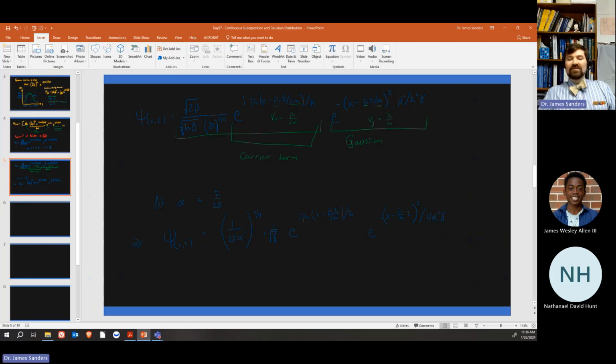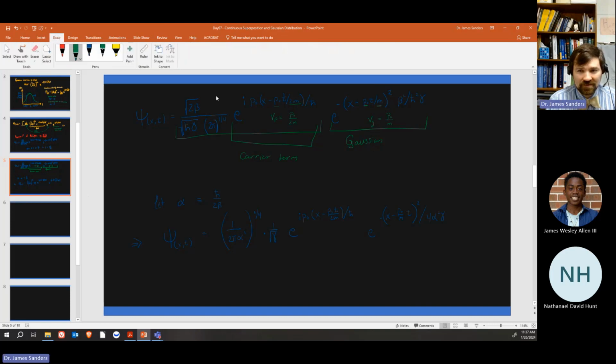This just kind of simplifies our equation slightly. So we've got our carrier wave or our carrier term. We've got our Gaussian. The Gaussian, for what it's worth, is the envelope.